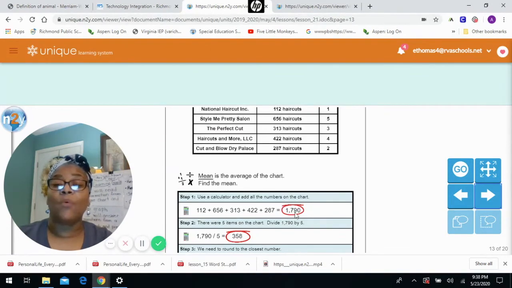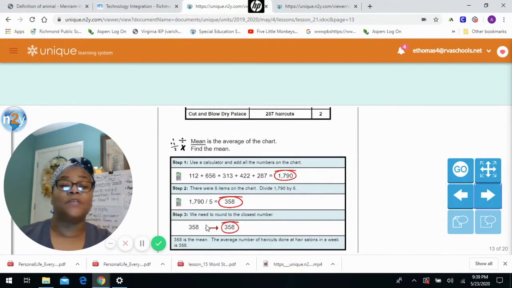So that's our total. Then step 2, it says there are 5 items on the chart. So we're going to divide this number 1,790 by 5. So when we put that in our calculator, 1,790 divided by 5 equals 358. So that's what the total is.